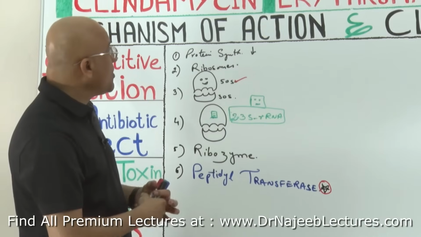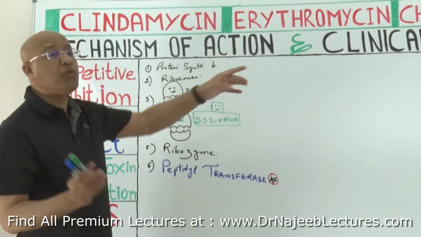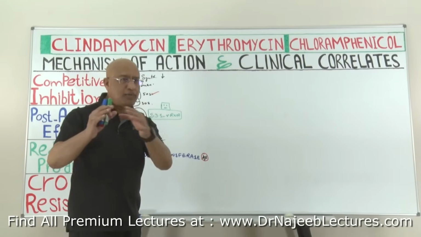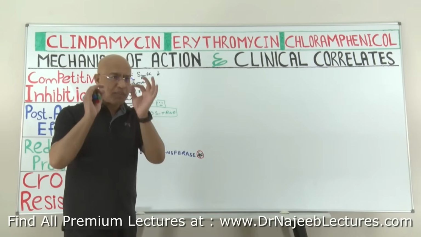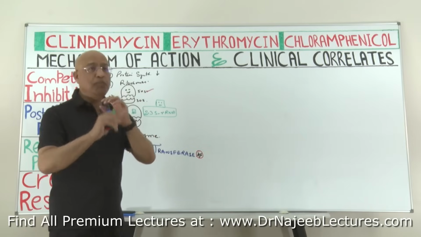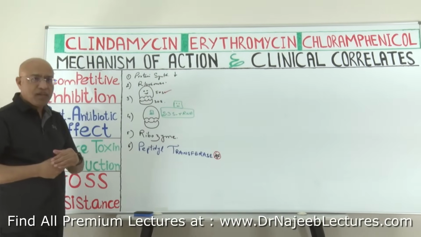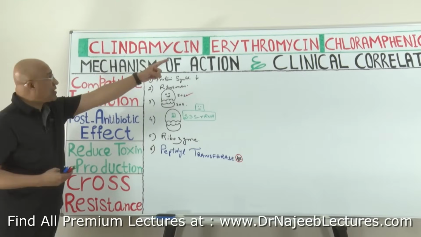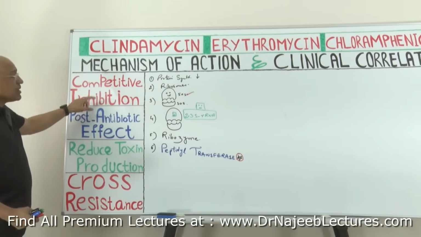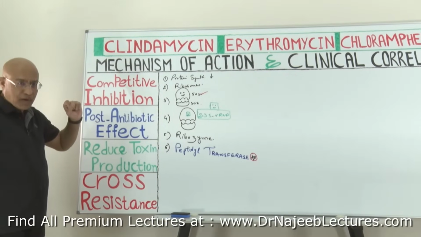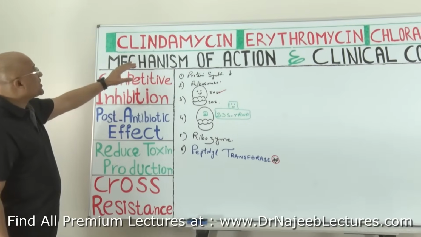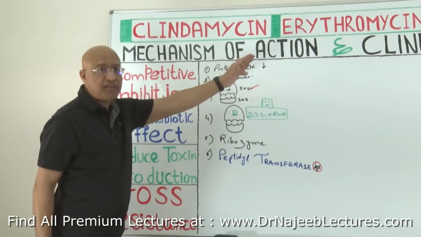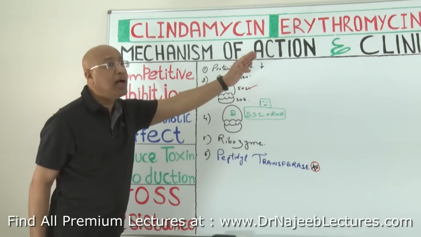Then I will explain all of these drugs are working on peptidyl transferase, but their action is a little different. And if you become clear about that, then you will be able to understand clinically why these drugs have competitive inhibition. For example, if you have given the patient clindamycin, after that you add erythromycin, erythromycin will not work well.